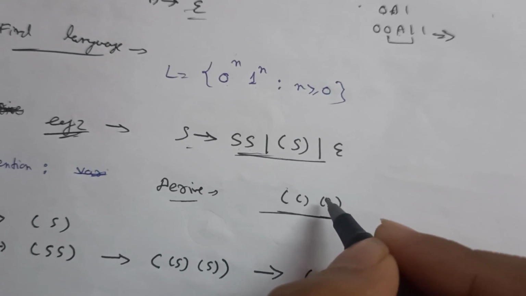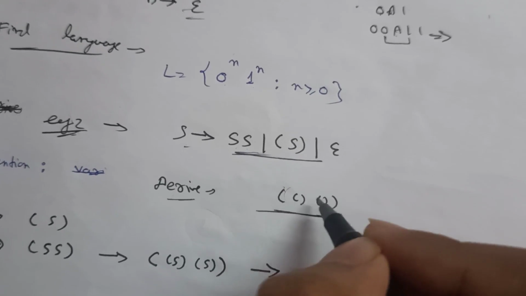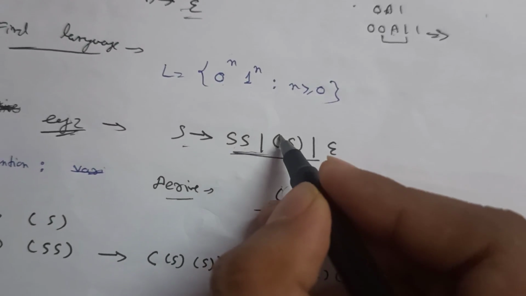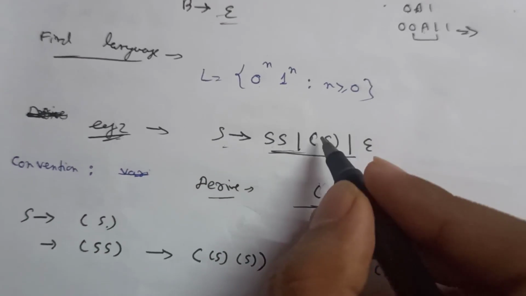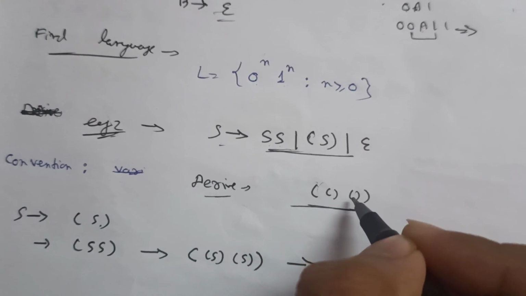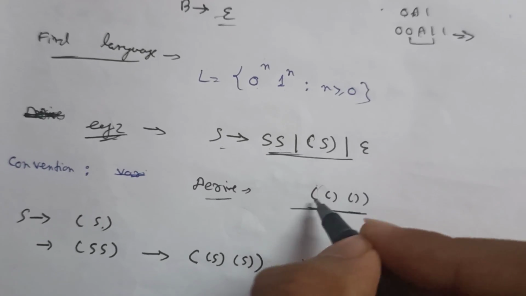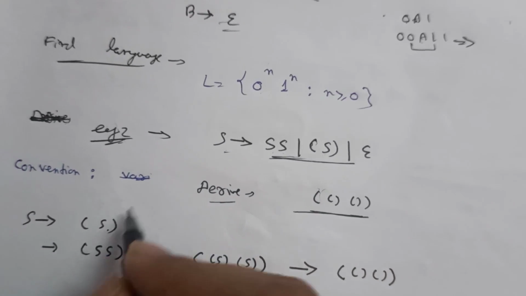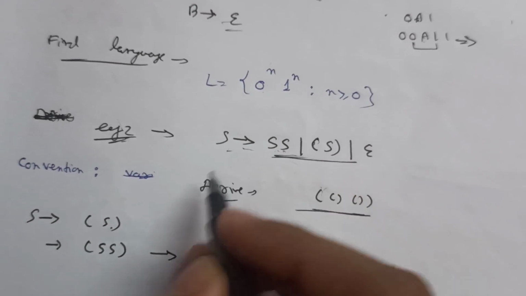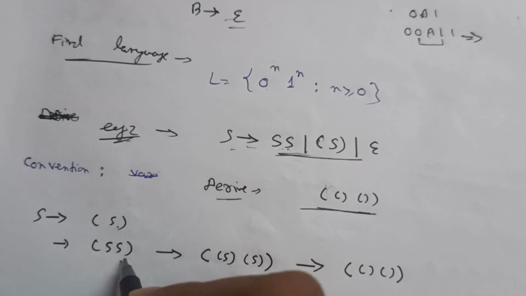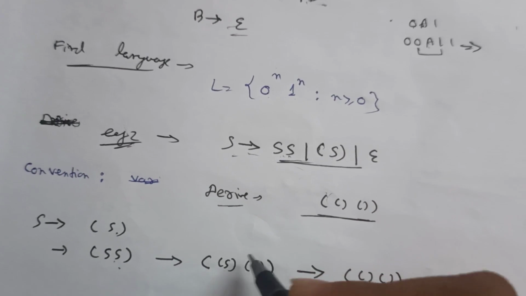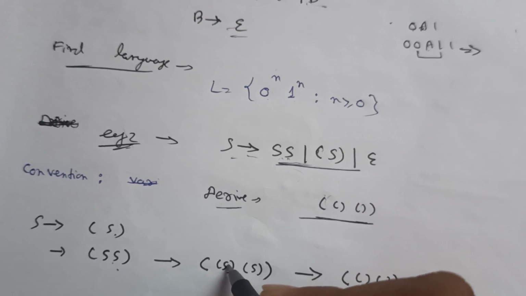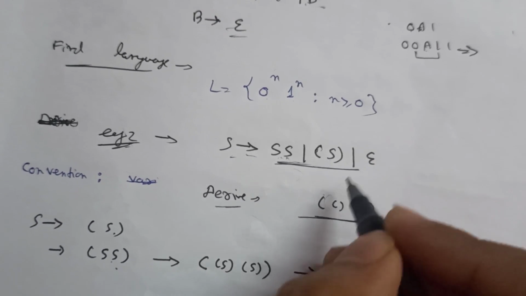So first I make brackets on the outside, and inside I need to have S. From S we have brackets on the outside and S inside. Now there are two combinations of brackets, so from one S it gives me two S's. This is the production rule you already have: from S it gives me double S, and both of the S's have brackets outside them, and now the S's on the inside become null.